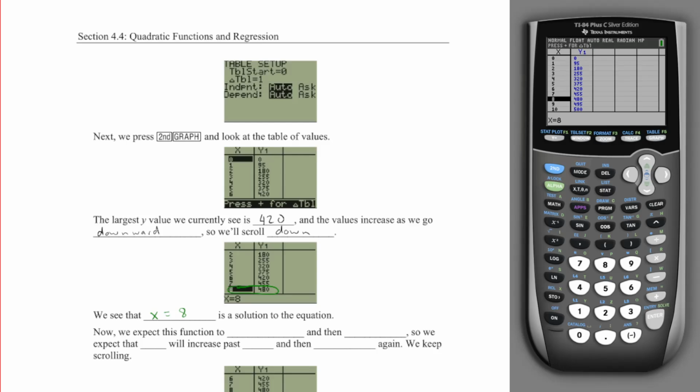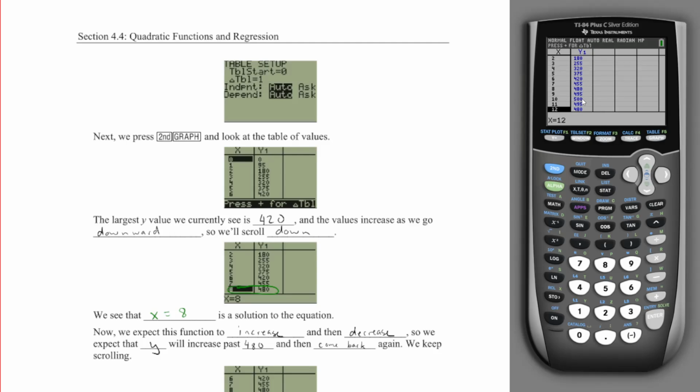But wait, there's more. We expect this function to increase for a while and then decrease. So we expect that y will pass 480 and then come back again. So let's keep scrolling. And now I need to scroll on the big calculator also.